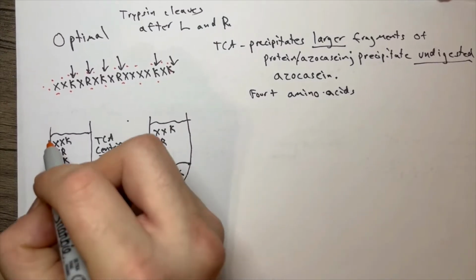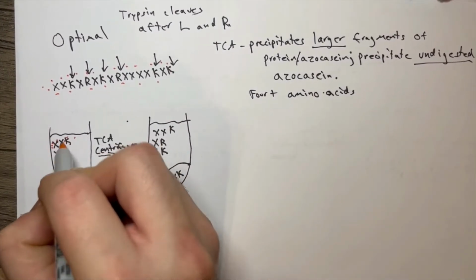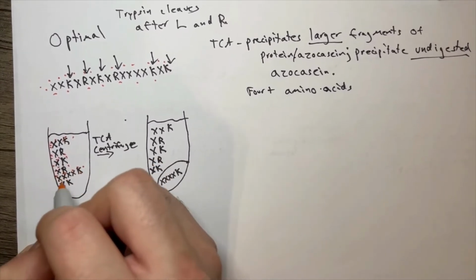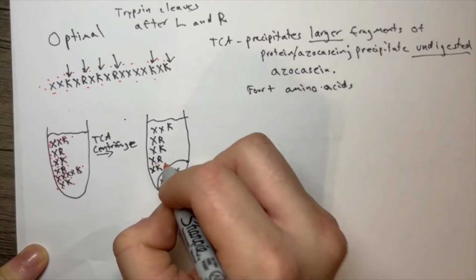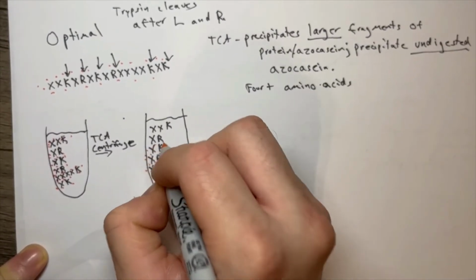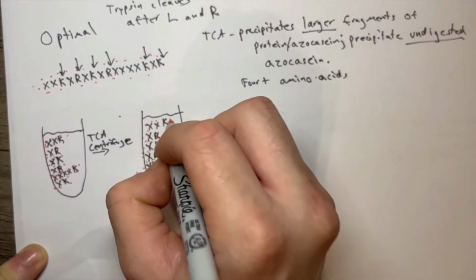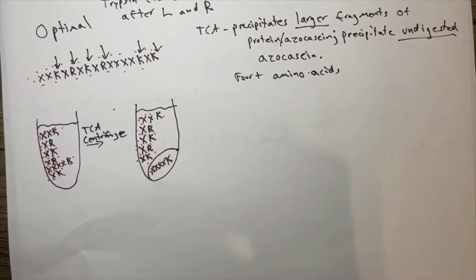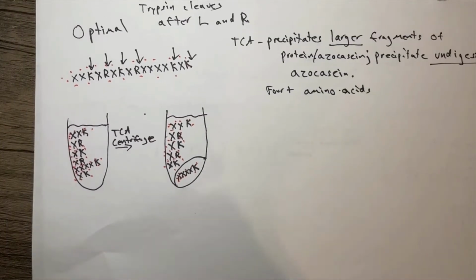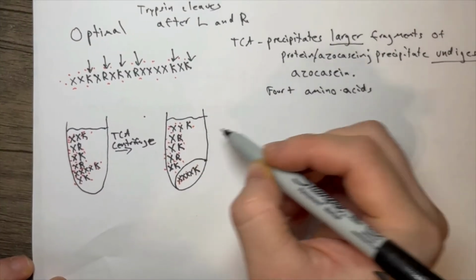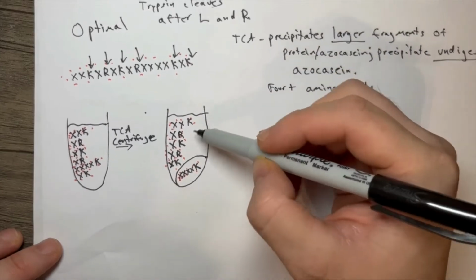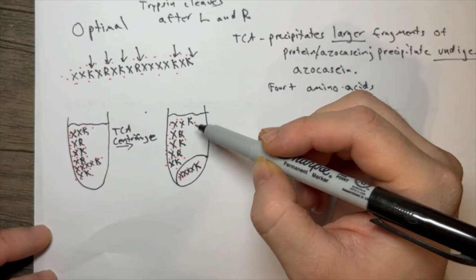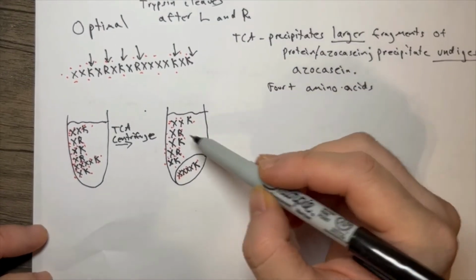Now remember, regardless, all of these still have sulfonilamide groups, right? They all still have their sulfonilamide groups over here. Even this guy still has the sulfonilamide groups, but that guy's now in the pellet. But when we're looking at just the supernatant up here, we can see that there are some sulfonilamide groups floating around attached to these free smaller fragments of amino acids.